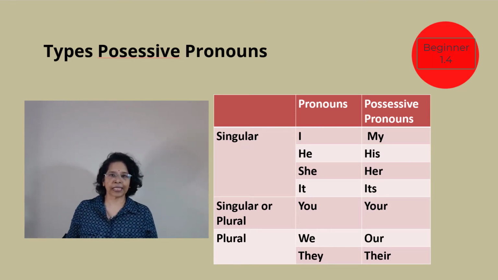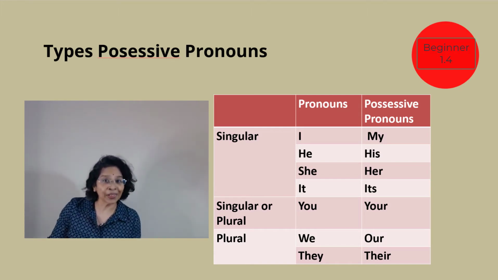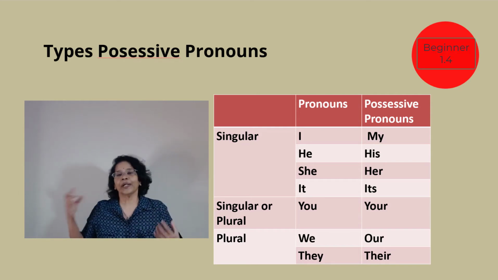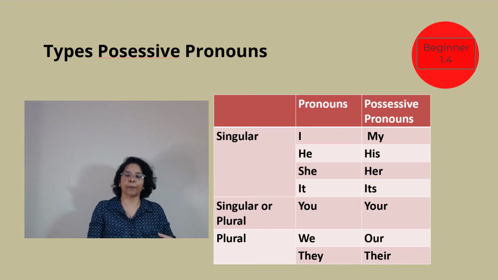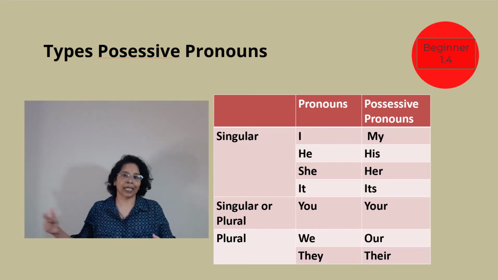You is both singular and plural, and we, they are plural pronouns. And what are possessive pronouns? Possessive pronouns are words that are used to show that something belongs to the person represented by the pronouns. For example, I, book: this is my book.